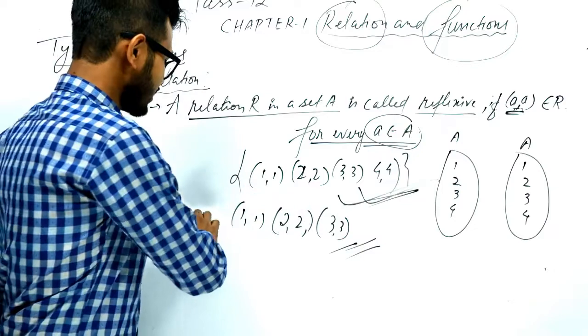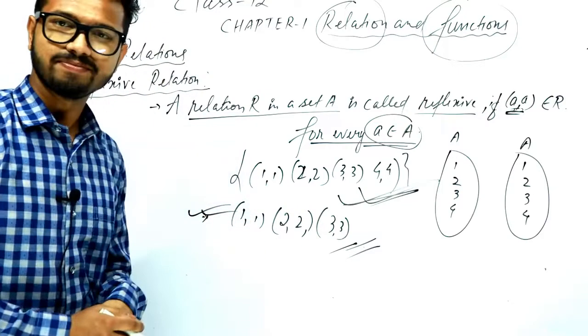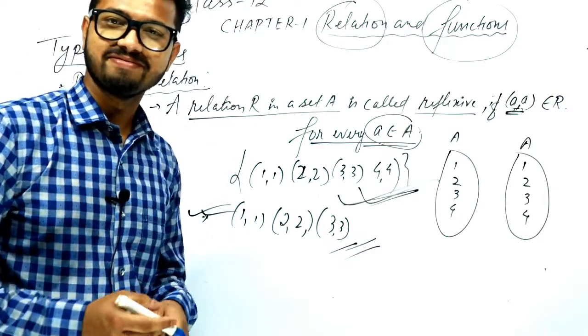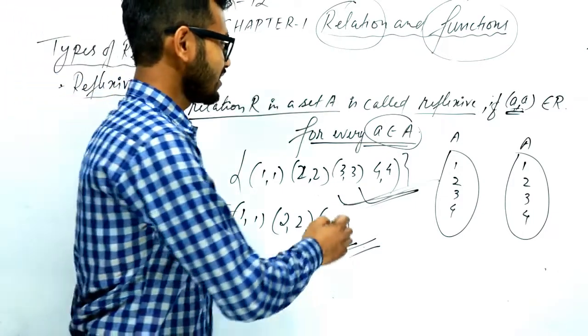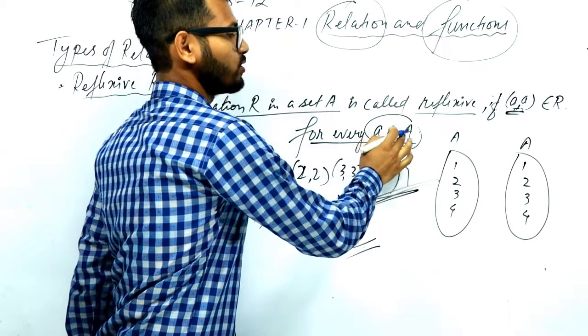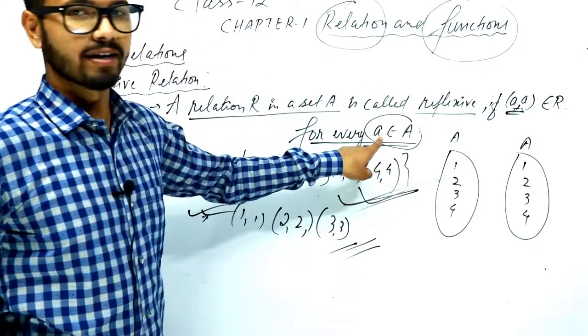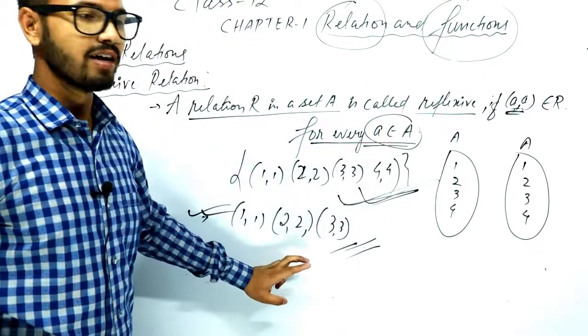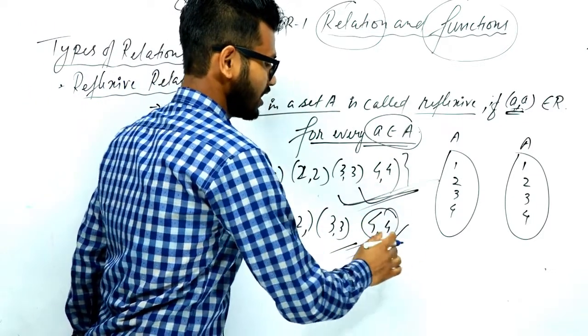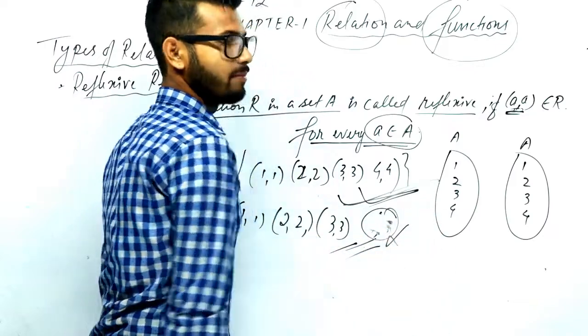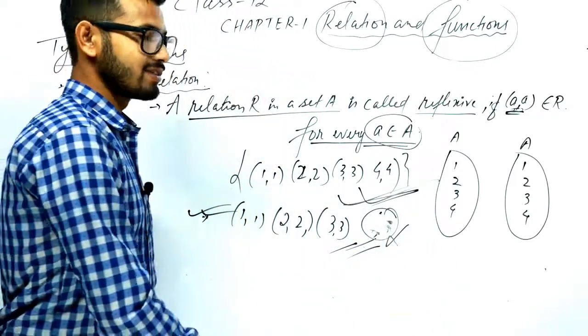Can you say this example is a perfect reflexive relation? What do you say, Chinmoy? No, because there is a condition: for every A belonging to A, every element of A should be present. But one thing is missing. That is 4 comma 4. So in the absence of one element, it is not a reflexive relation.